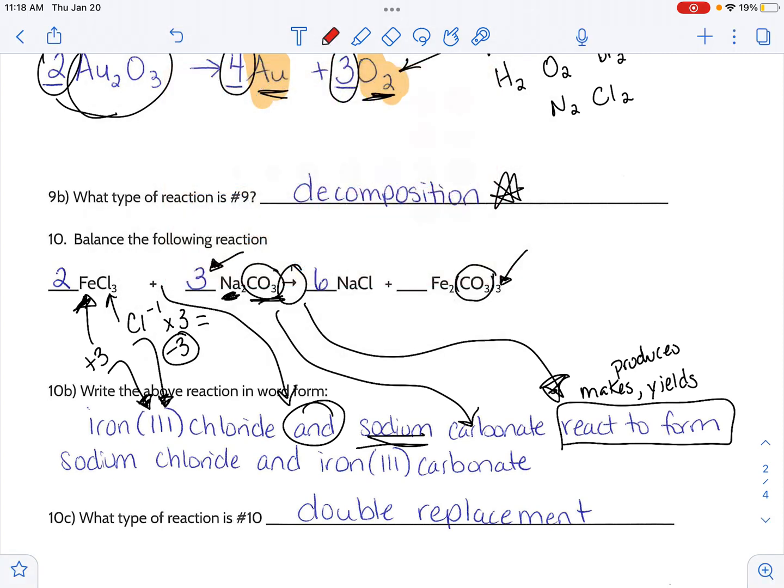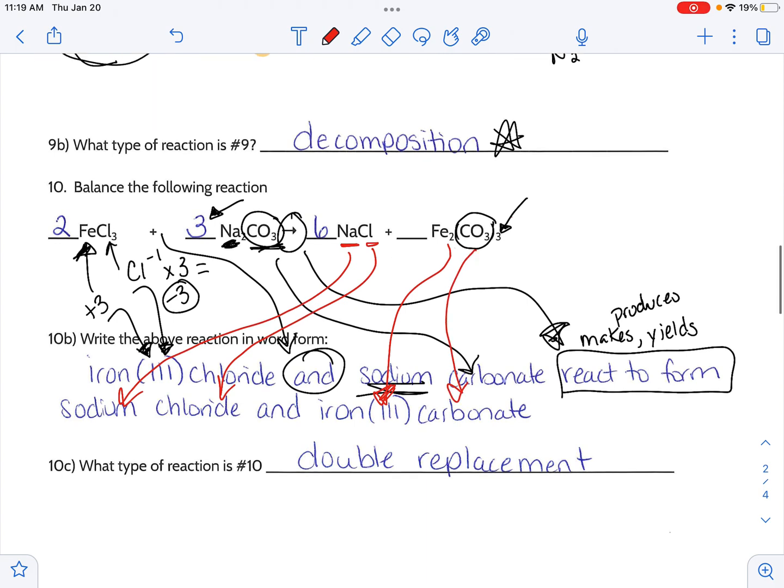And then we get our products. So Na is sodium, Cl is chlorine, so we change that to chloride. Iron still has the same charge on it, so it's still iron 3. Once you've got the charge of iron figured out, it's not going to change. And then we have carbonate, and this is a double replacement reaction.